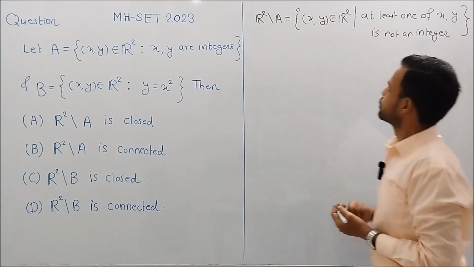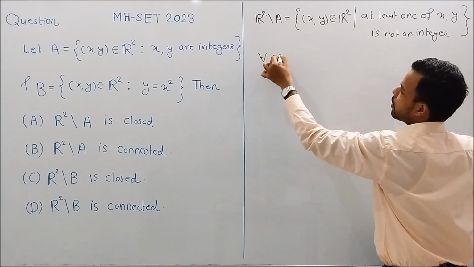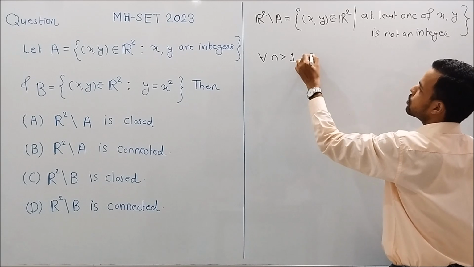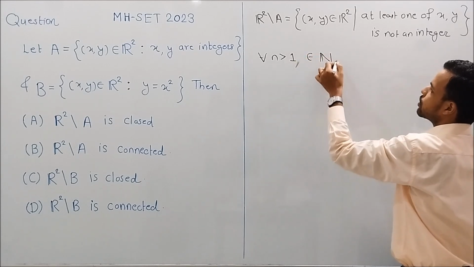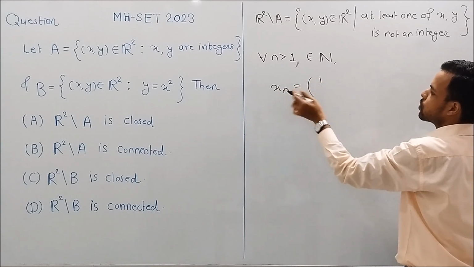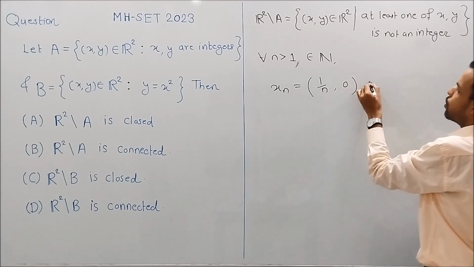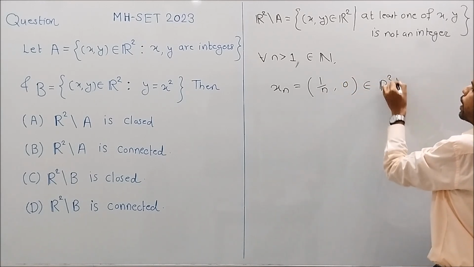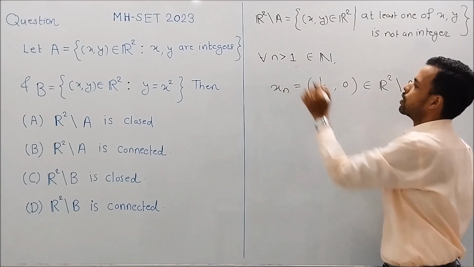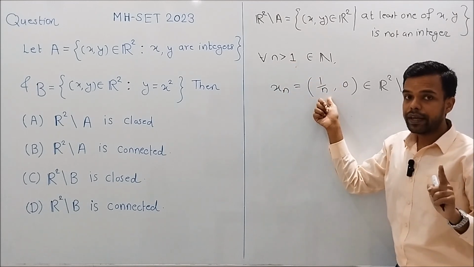Now, note that for every n greater than 1 belonging to the set of natural numbers, the sequence xn, which is the sequence of ordered pairs defined by (1 over n, 0), belongs to R2 minus A. Because for every n greater than 1, 1 over n is not an integer.